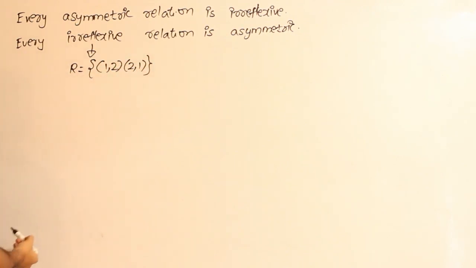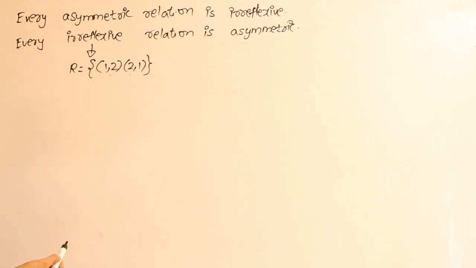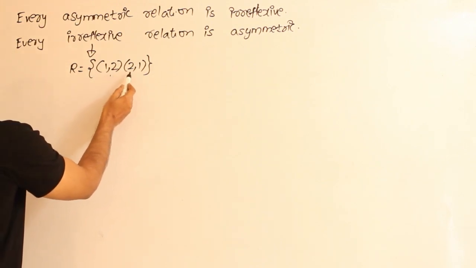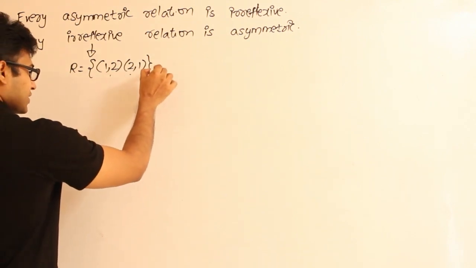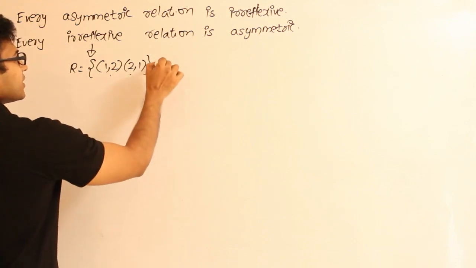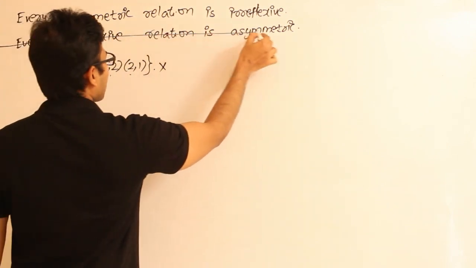It definitely does not contain diagonal elements, but it does not mean that it is going to be asymmetric. Even though it does not contain diagonal elements, it has (1, 2) and (2, 1), which is a symmetric pair. Because of the presence of this symmetric pair, it cannot be asymmetric. Therefore the second statement is wrong.